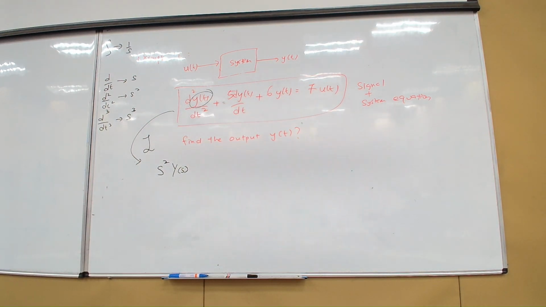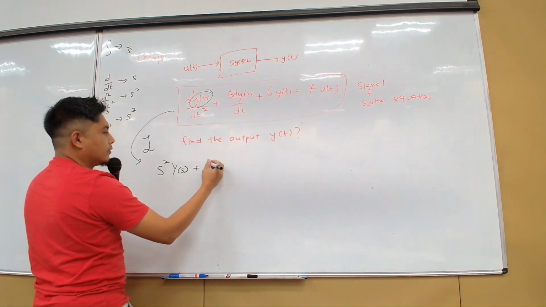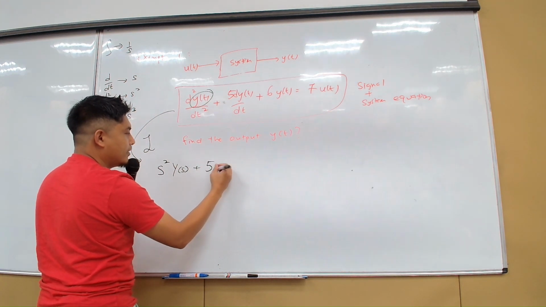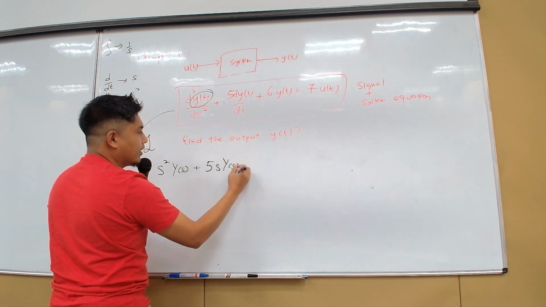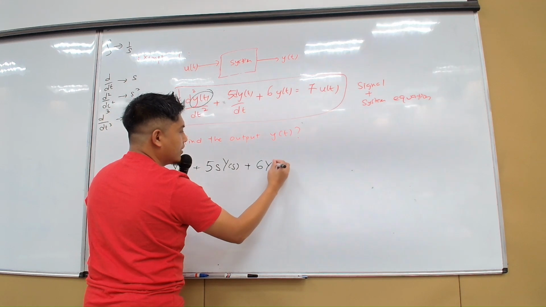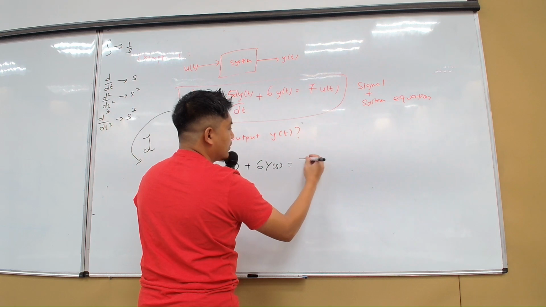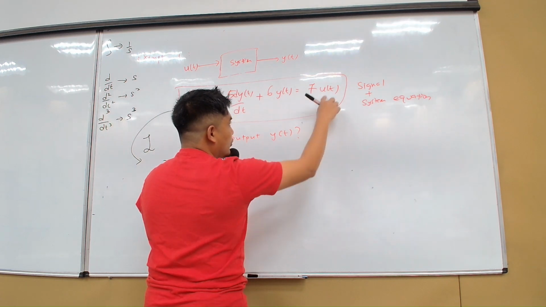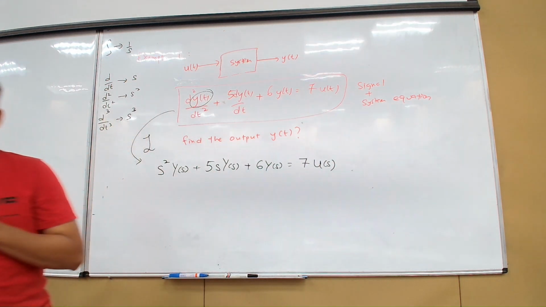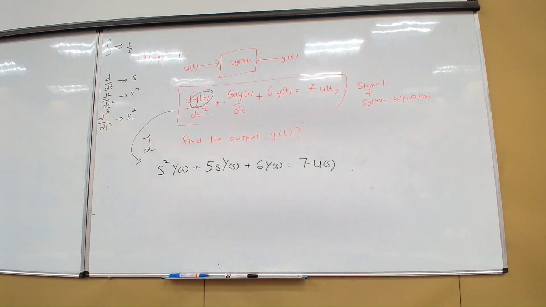And then also, how about this one? What do you think? 5s ys plus 6 ys equal to 7 ut becomes us.